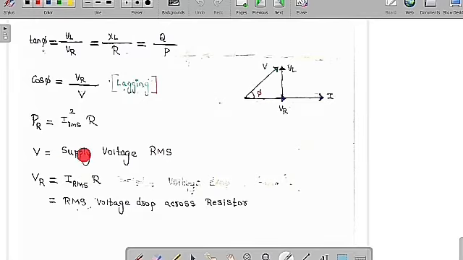Here V is the supply voltage RMS value, whereas the RMS value of the voltage across the resistor is I RMS into R. This we are going to call the RMS voltage drop across the resistor.